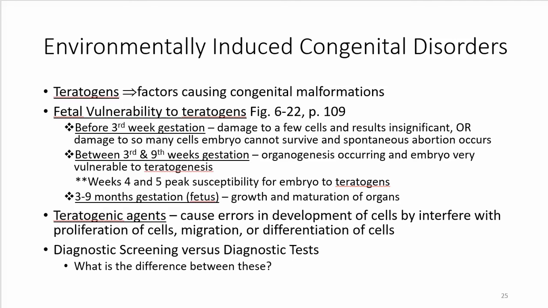So they become very vulnerable, weeks 3 to 9, with weeks 4 and 5 being the peak susceptibility. Oftentimes, this is about the time when a mother finds out that she's pregnant, which can be fairly dangerous.